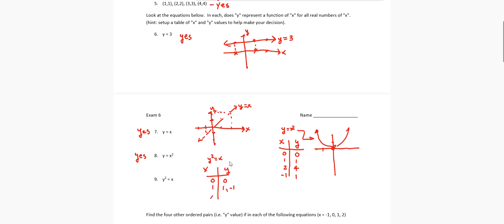If I stick a 4 in here, y can be 2 or minus 2. So this is a problem. No. And if we were to plot this, it would look like this. So you can see that if you pick an x value here, you get a y value there and a y value there. So that shows that y is not a function of x.